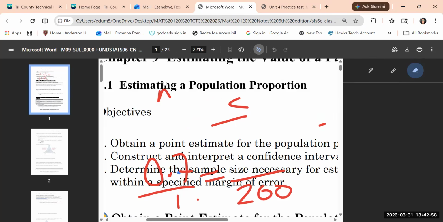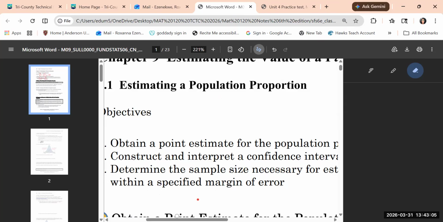So I'm about to write the confidence interval. So you see, we use the point estimate to calculate the estimate of the population proportion.